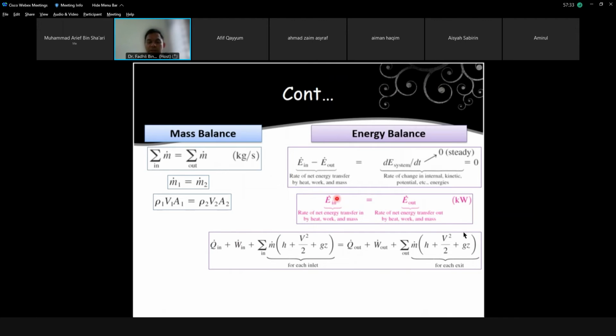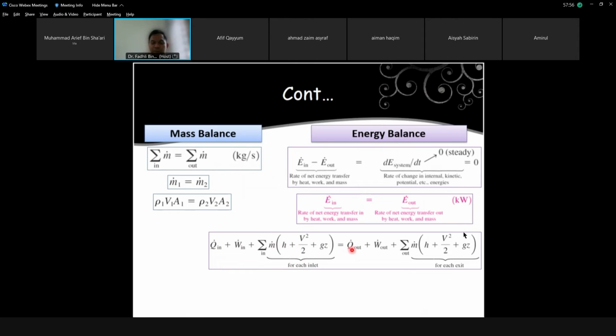So E dot in ni kita ada heat that transferred in, work done on the system W dot in, dan ini adalah apa? Ini adalah energy transported by mass. Okay, energy transported by mass untuk inlet.